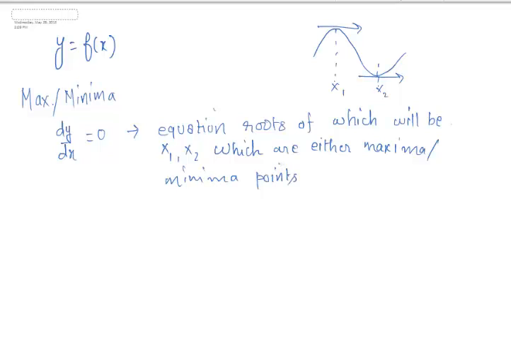So at all maxima and minima points, we have dy by dx equal to 0, which is a very important mathematical condition to obtain those points from the equation y equal to f(x). You take the first derivative or differentiate y with respect to x. If you equate it to 0, that equation gives you the roots at which maxima and minima points are obtained.